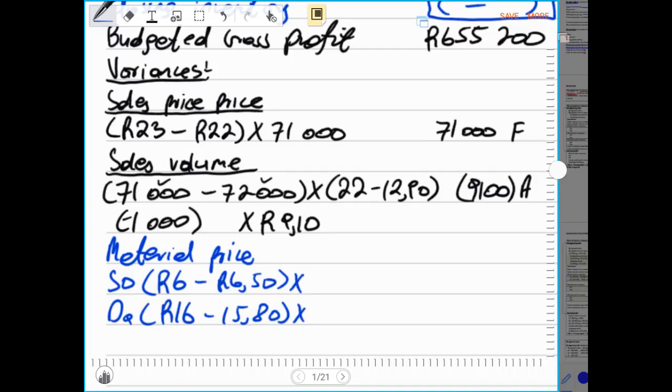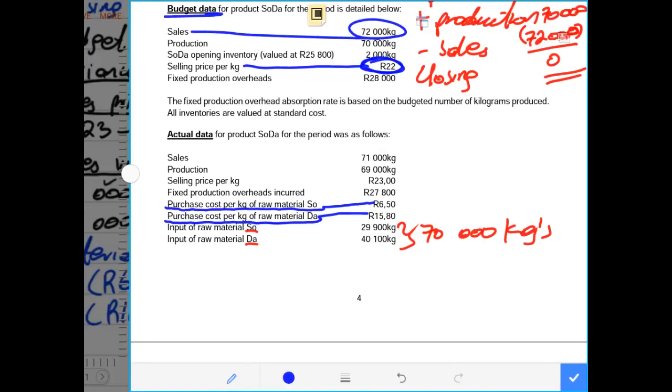Times this by the actual quantities that were purchased. So now we need to look for the quantities that were purchased, and the actual quantities purchased are given to us as 29,900 and 40,100, which is the input of raw material.